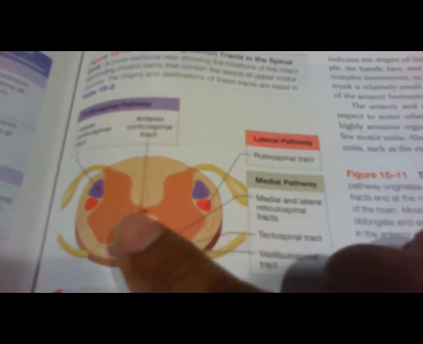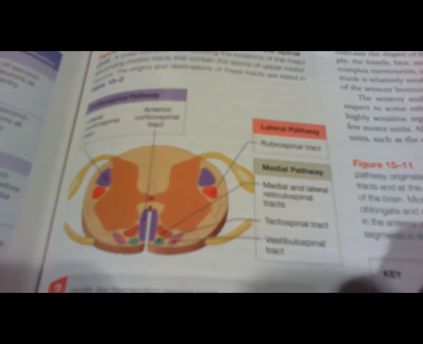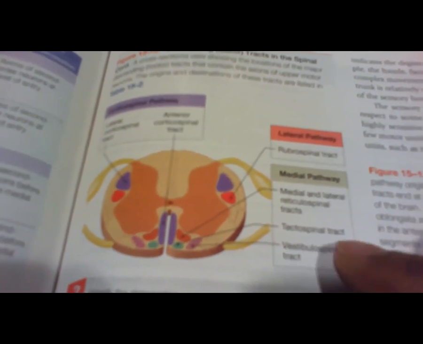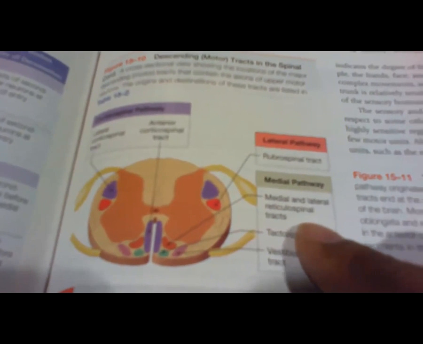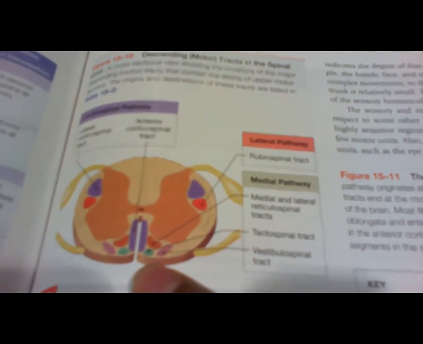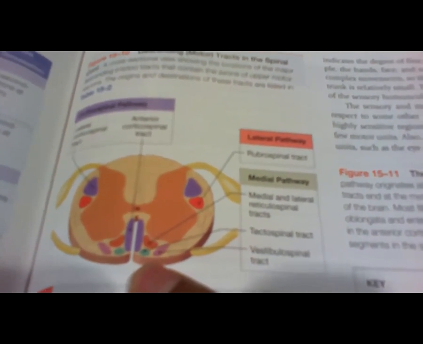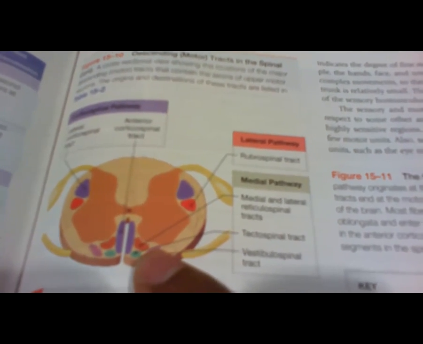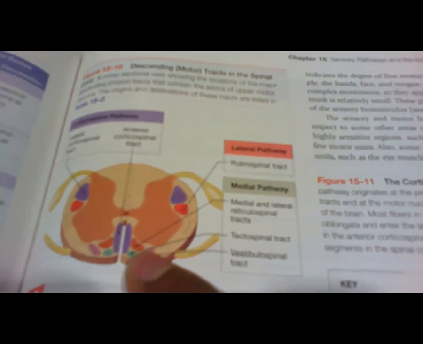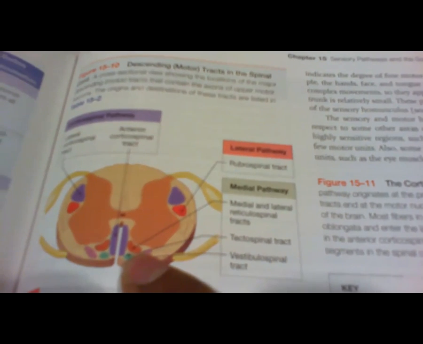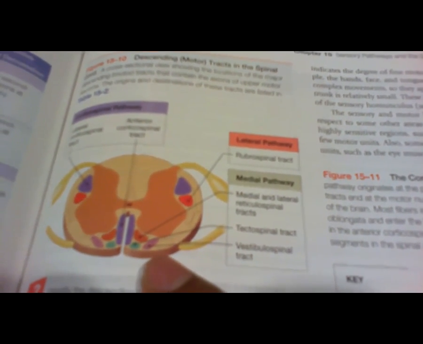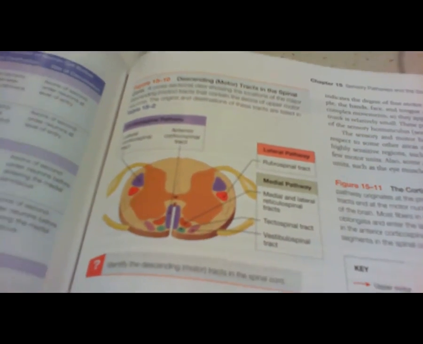We have the lateral pathway, and we've got our medial. So here's your medial. And there are the medial and lateral reticulospinal tracts, tectospinal tract, and vestibulospinal tract.